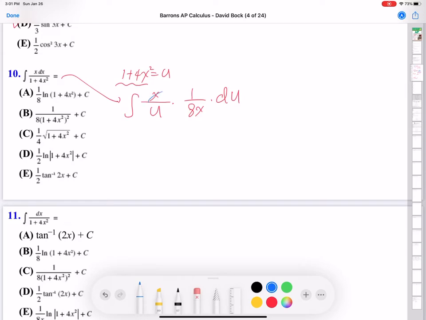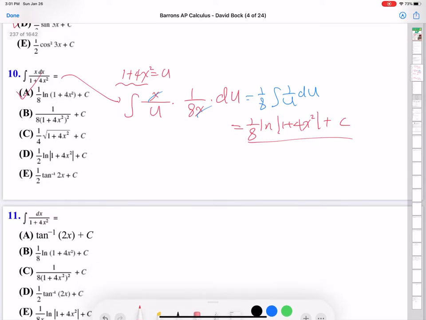And then this x crosses out. 1 over 8 is the coefficient, integral 1 over u du. So what is the integral of 1 over u du? ln absolute value of u plus c. Then what was u? u was 1 plus 4x squared. So this is the answer: 1 over 8 ln of 1 plus 4x squared. Yeah, A is the answer. Number 11.